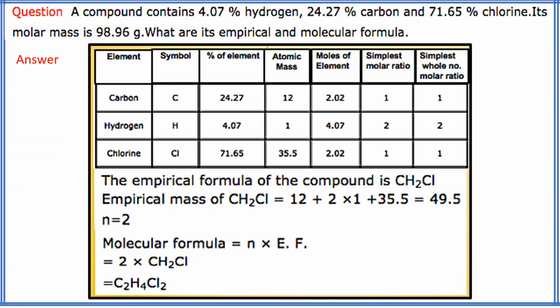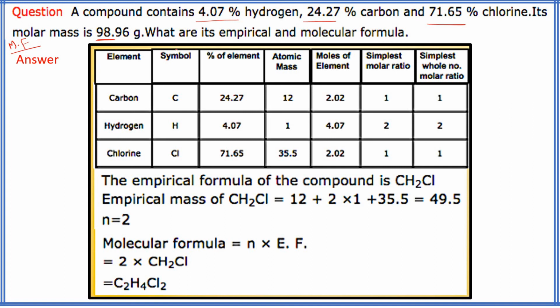The percentage of hydrogen is given as 4.07, carbon 24.27, and chlorine 71.67, and the molar mass of the molecular formula is 98.96. What is the empirical formula and what is the molecular formula?